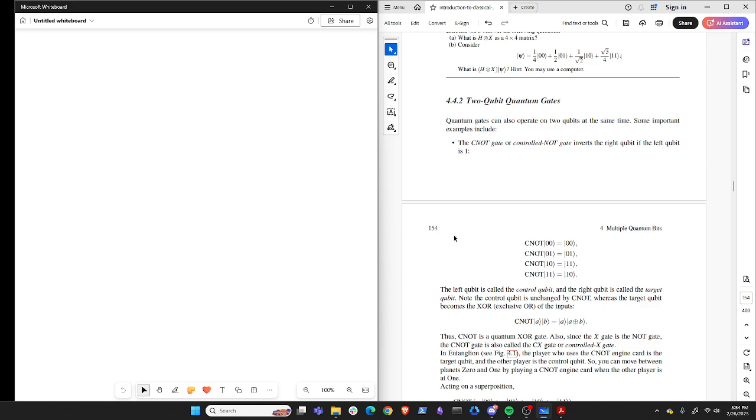So we have several different gates that work with more than one qubit. 2 or 3, I believe, is what we'll see in this section. So the C0, the controlled knot, flips the right qubit if the left qubit is 1. So we have our states here.